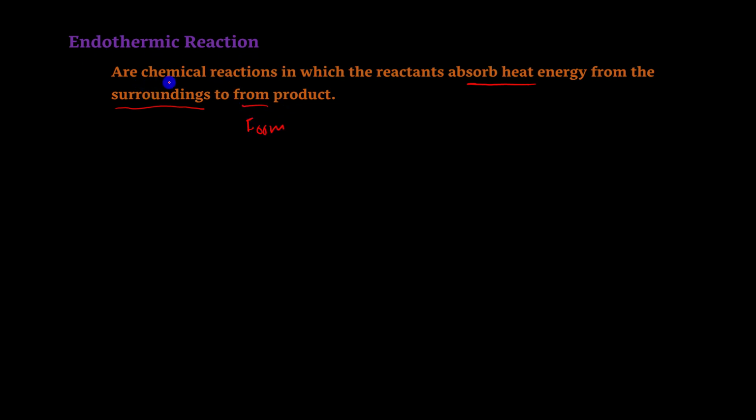Endothermic reactions are chemical reactions in which the reactants absorb. It means the absorption is happening during the process. The reactants absorb heat energy from the surroundings to form the product, right?